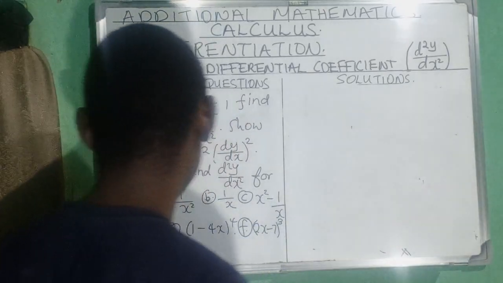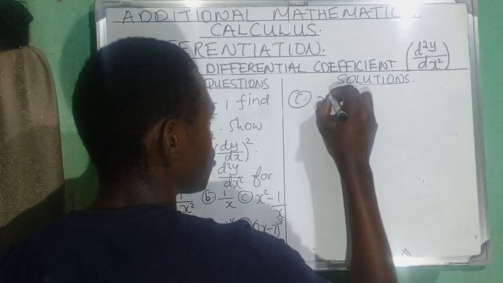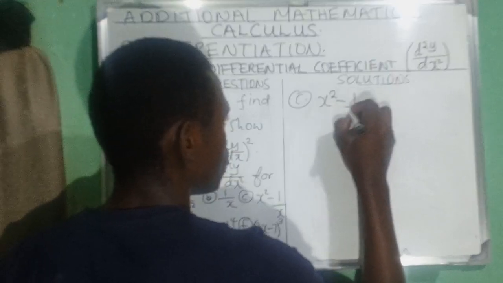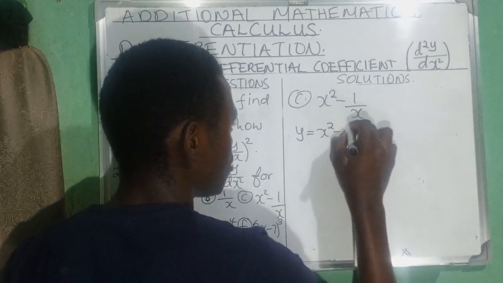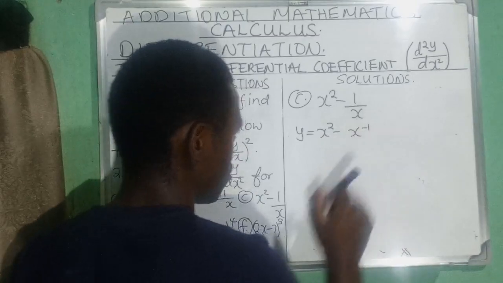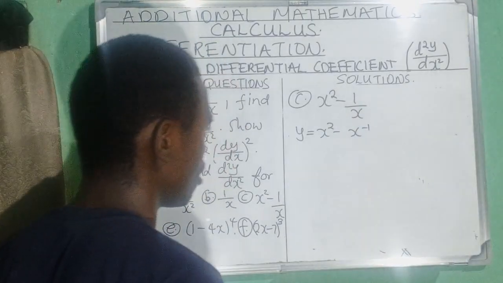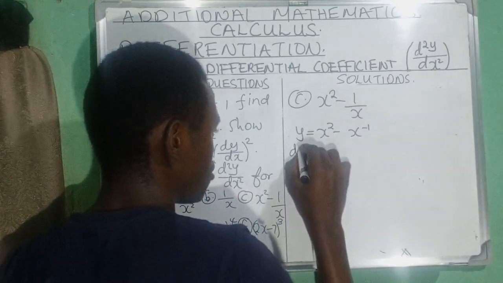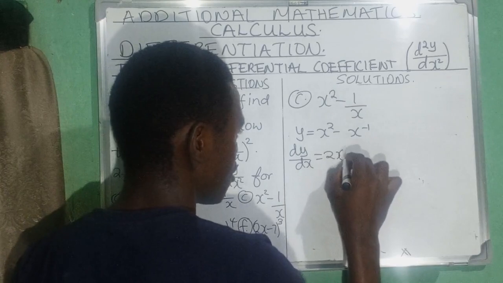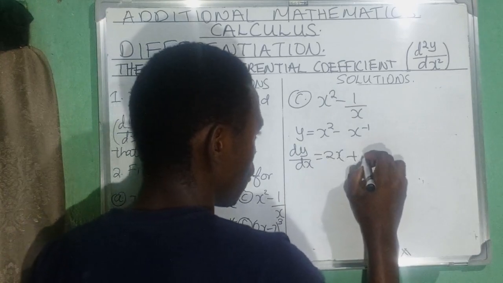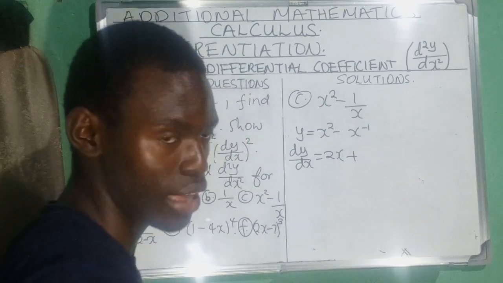Then we're going to go to C. C is x squared minus 1 over x. So y is equal to x squared minus x to the power negative 1. Since the x has gone up, the power now becomes a negative. So to find our dy/dx, it is going to be equal to 2x plus 1, okay? 2x, like that.